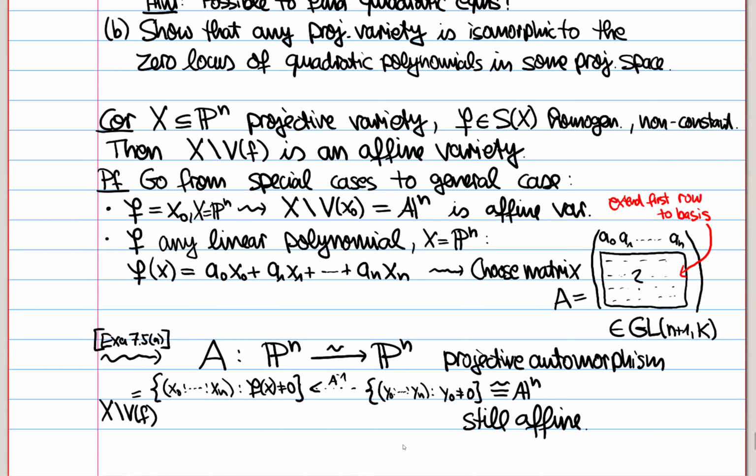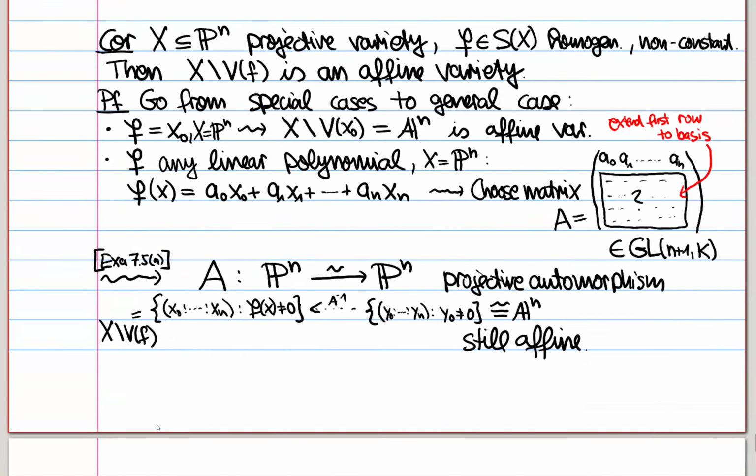This is why we chose this to be the first row. And so we see that under this isomorphism, X minus V(f) gets sent to this locus here, which is just An. And so this shows that this is still affine. So if we remove any linear hyperplane, then we're still in affine space.